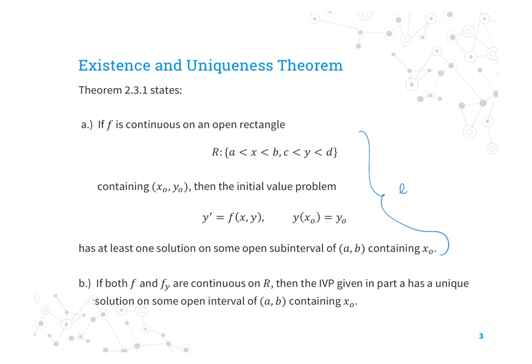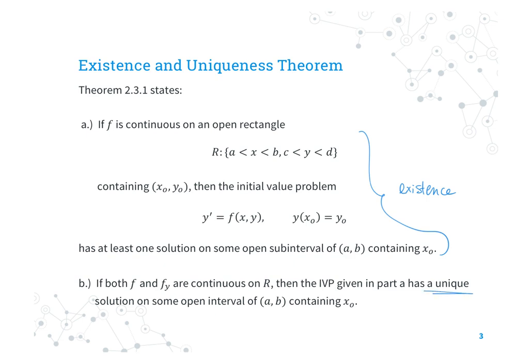So how do I know that my solution that I say exists is unique? Well, our theorem also says that if both f and its partial derivative with respect to y are continuous on our rectangle, then the initial value problem given in part A has a unique solution on some open subinterval of (a, b) that contains x naught.